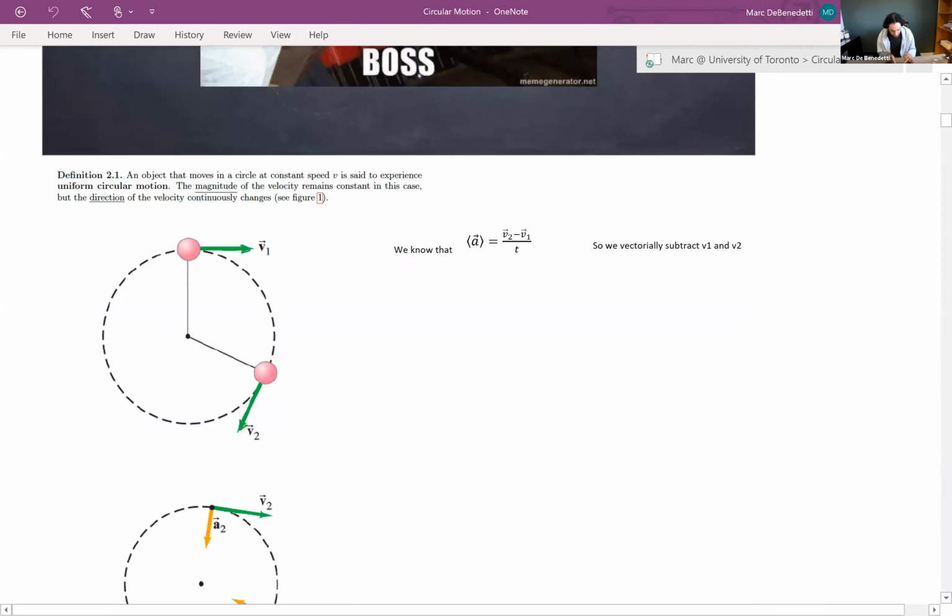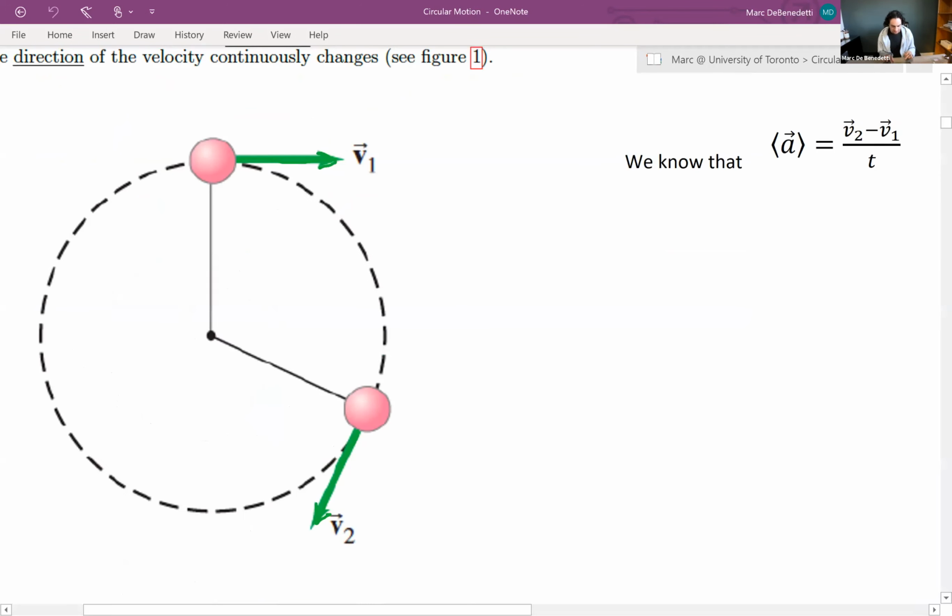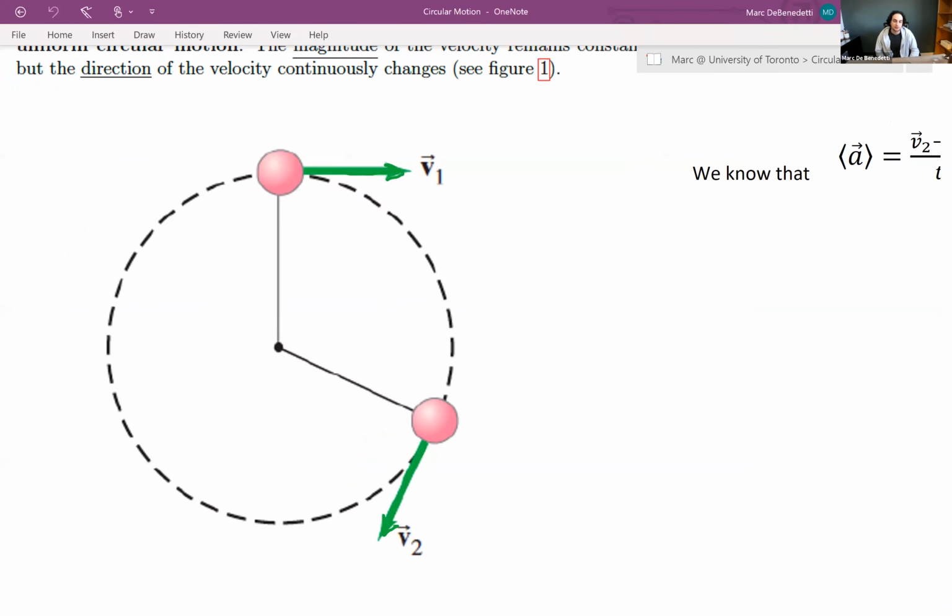Okay, so let's take a look at an arbitrary object traveling in uniform circular motion. This might consist of an object like a ball attached to a string, and maybe you're whipping the string over your head. So you're the one driving this motion with your arm, and this object is traveling in a circle. We can take a snapshot in time.